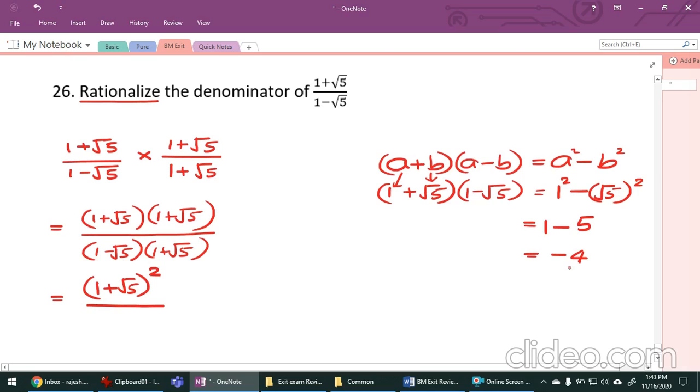We have got the answer already, minus 4. So now in the denominator, maqam, there is no square root. That is what is called rationalize. Rationalize means you should remove the square root from the denominator, from the maqam.